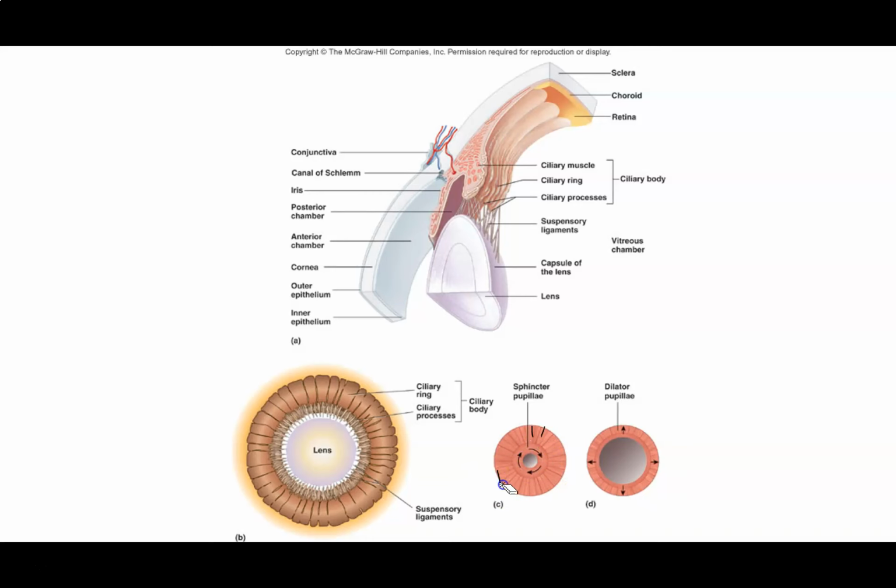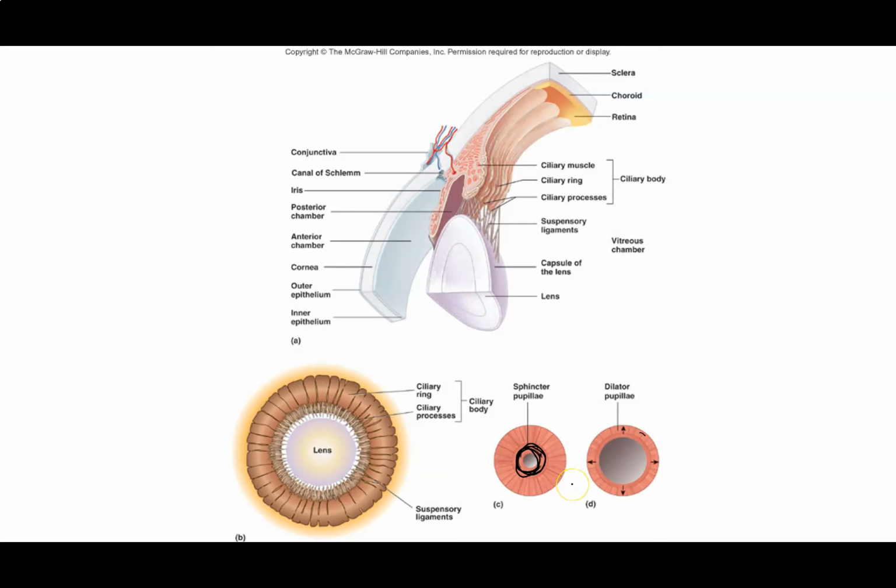Because of this, when your pupil dilates, when your pupil gets bigger, that's largely due to the contraction of these radially arranged dilator pupillae muscles. Right?